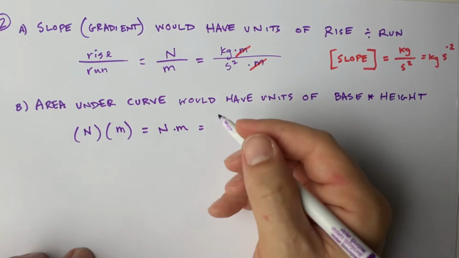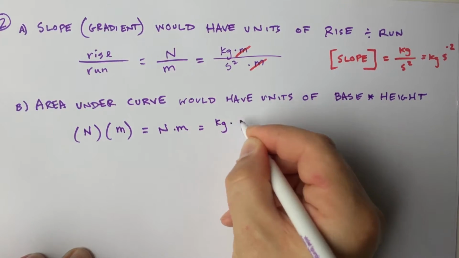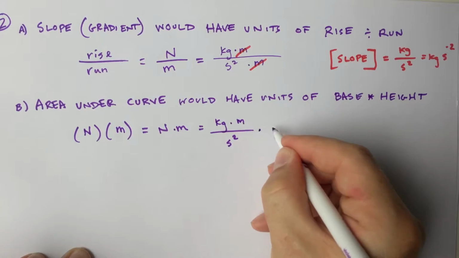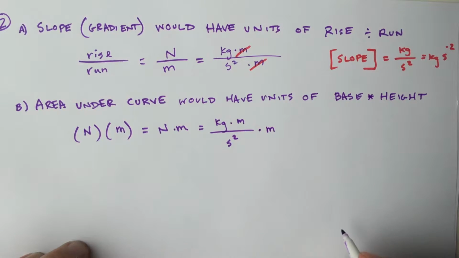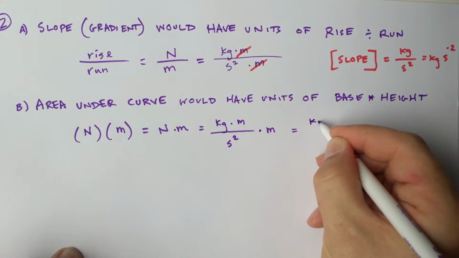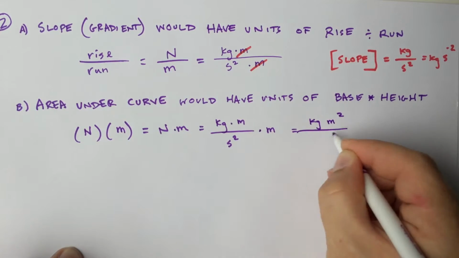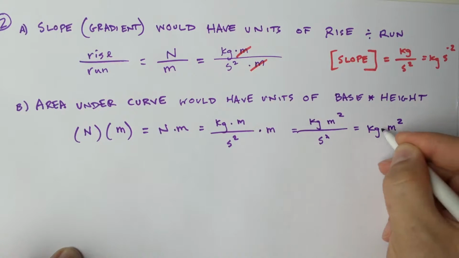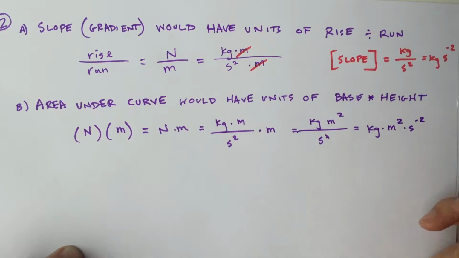Well, what is a newton? Well, we just looked it up. It's a kilogram times a meter over a second squared, times a meter is going to give me a kilogram times a meter squared divided by a second squared, or kilogram meter squared times seconds to the negative 2.